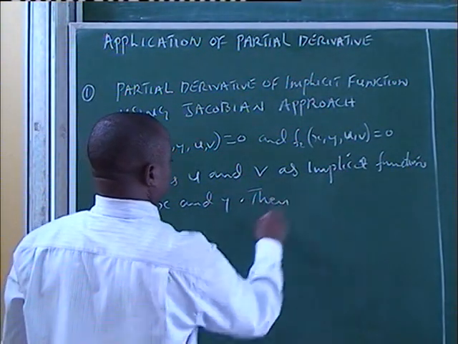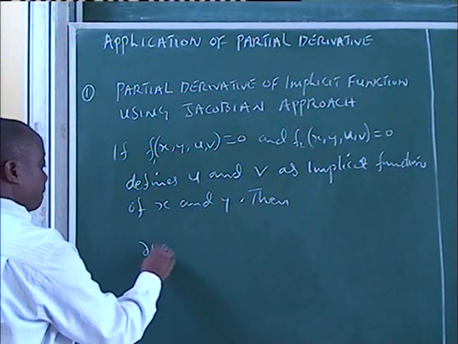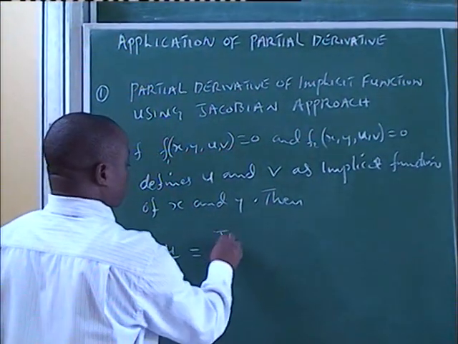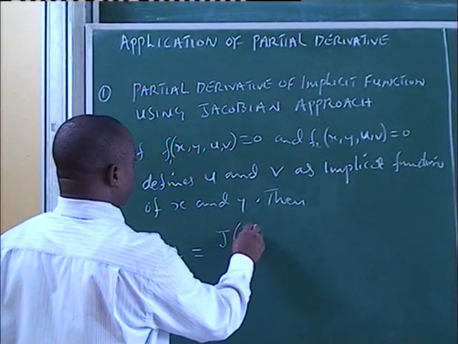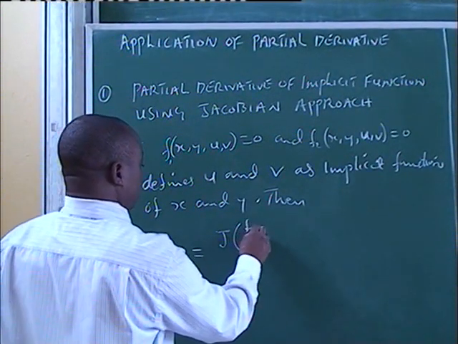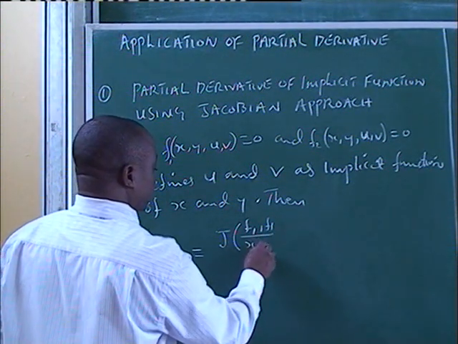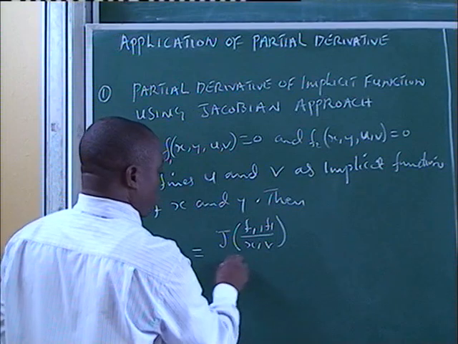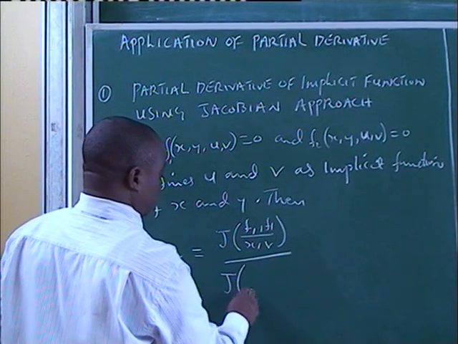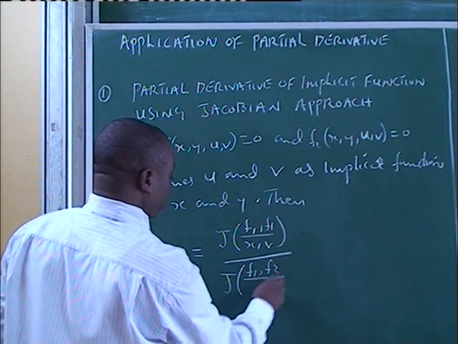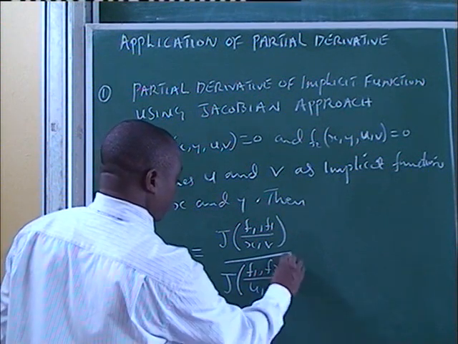Then partial u partial x will be equal the Jacobian of f1 f2 over x and v over the Jacobian of f1 f2 u and v.